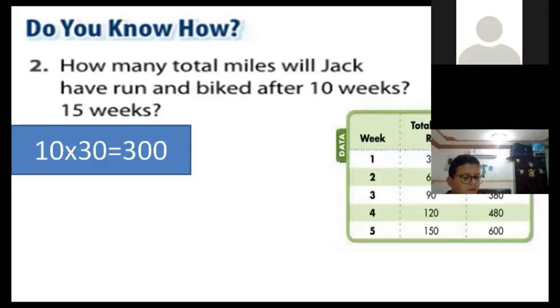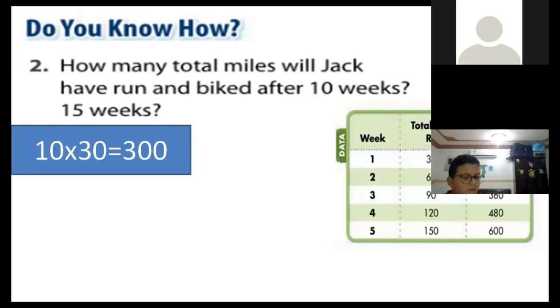You know the rule of the table? Yeah. For run, adding 30, and for bike, adding 120. So after 10 weeks, you can multiply 30 by 10 to get the total number of miles, which equals 300. From where do we bring the multiply, if we have just the plus? My dear, it will be repeated addition.